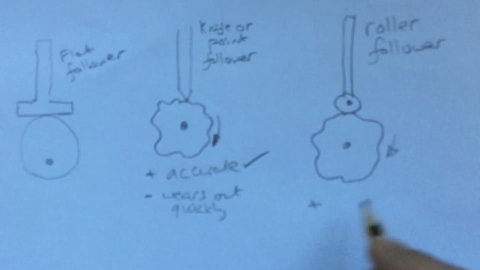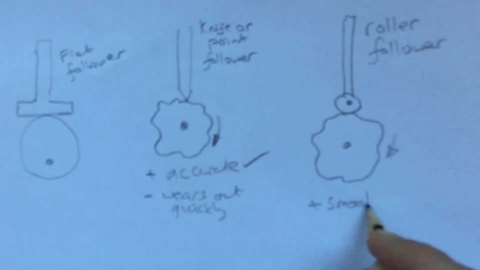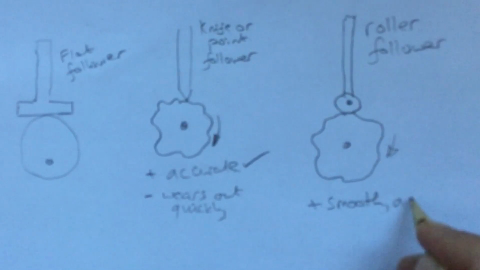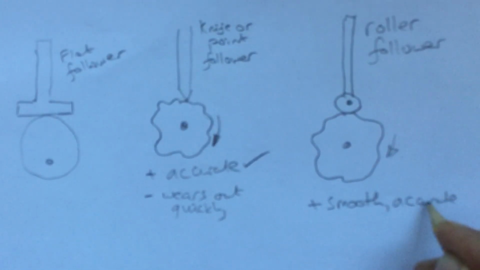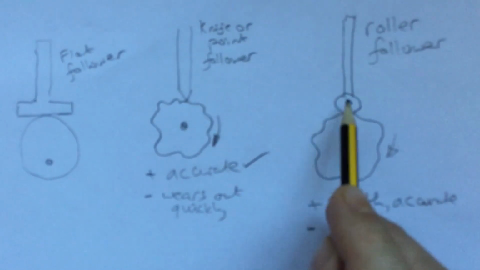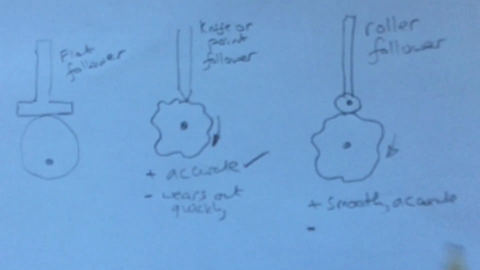So on the plus side, it's smooth and accurate. Sorry. On the negative side is because it's got moving parts, you see. These moving parts may wear after time, but also it's going to be more expensive to produce because of the moving parts. Okay, so that's different followers.